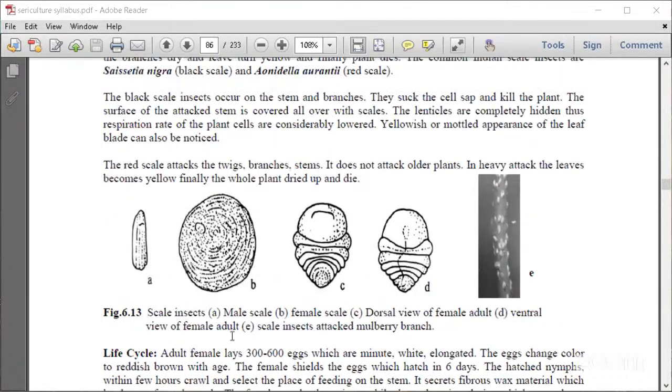Here you can see the scale insects: the male scale, female scale, and the dorsal view and ventral view of the female adult. The scale insect attacks the mulberry branch. Here you can see the figure.